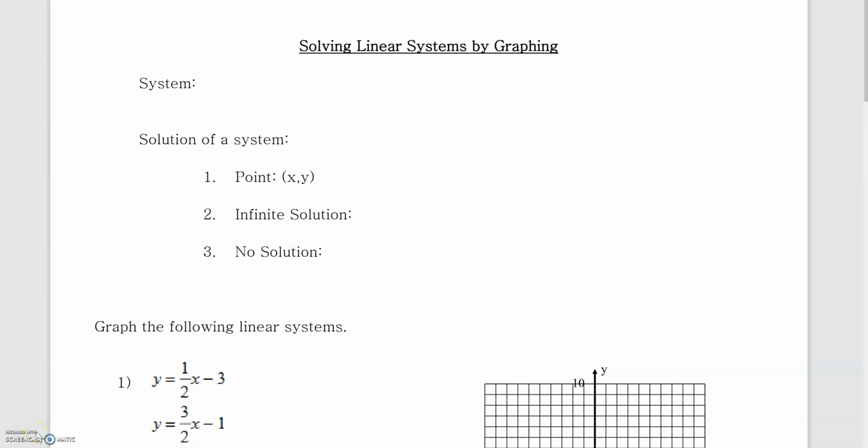In this video, you are going to be reviewing how to solve a linear system by graphing. So remember that a system is two equations or more.